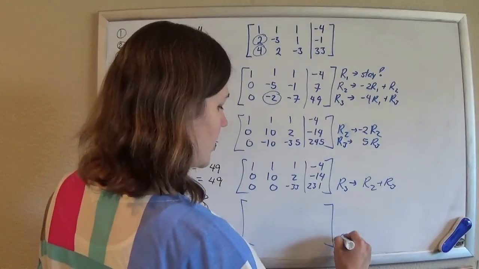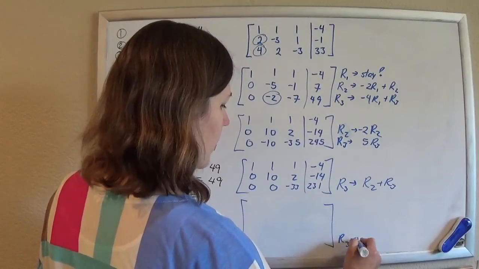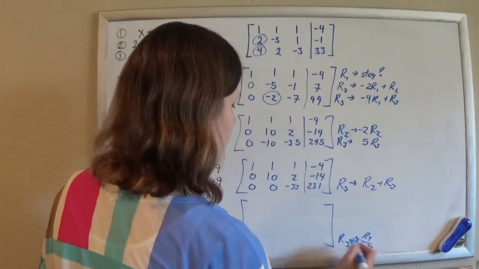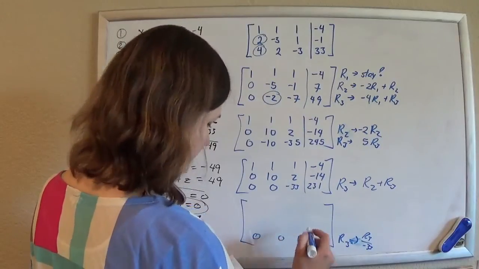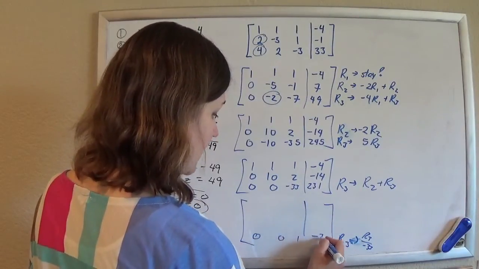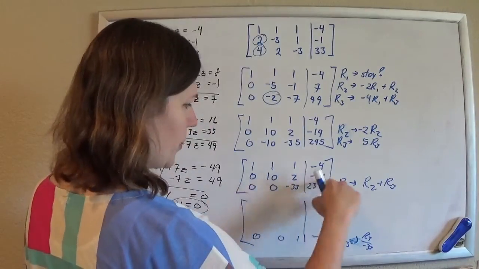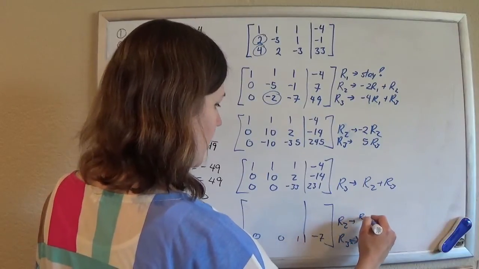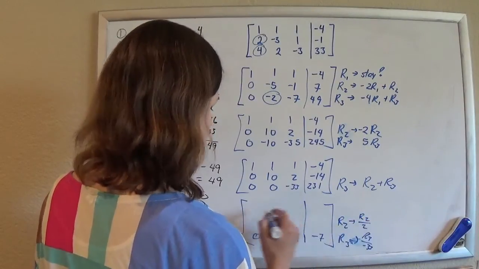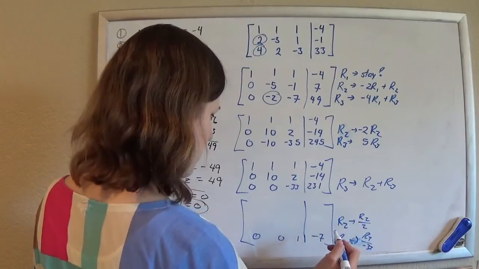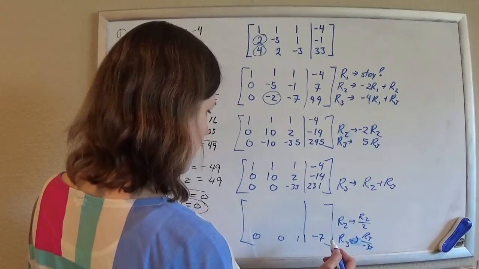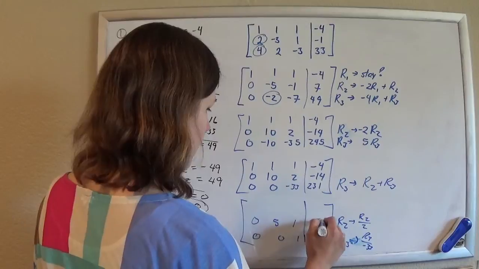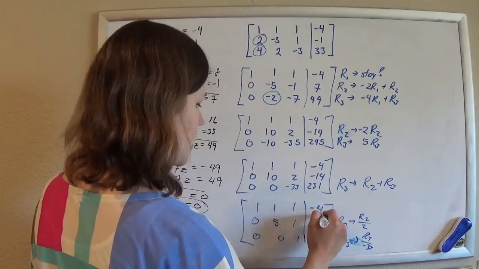So I'm going to make row 3 become row 3 divided by -33. So I'm going to have 0, 0, 1, and 231 divided by -33 is -7. And then this row I'm going to reduce to row 2 divided by 2. So I'm going to have 0, 5, 1, and -7, and then I'll just let the top chill.